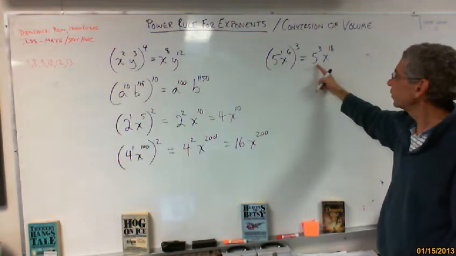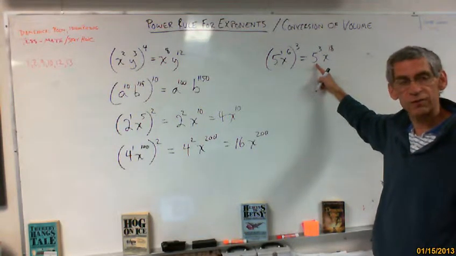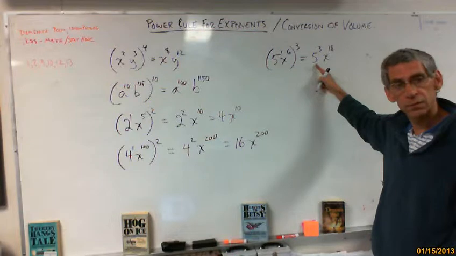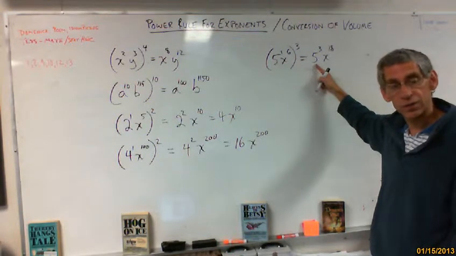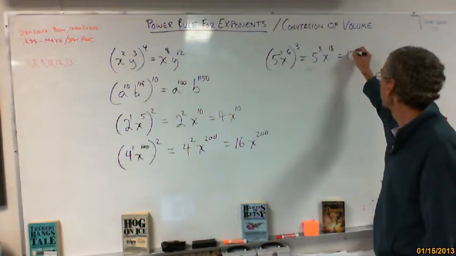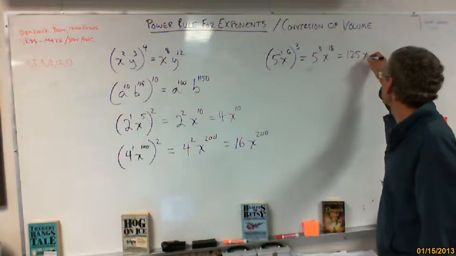Good. And then what is 5 times 5? Right. And what's 25 times 5? 125. So 125x to the 18.